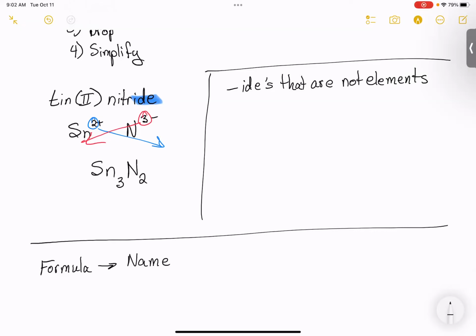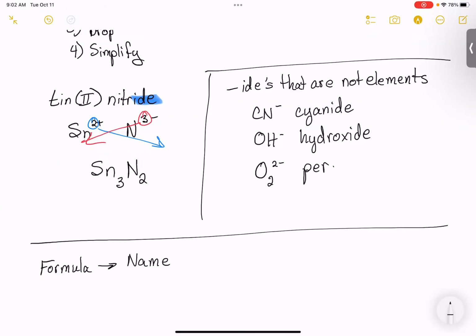The 3 ides that are not elements are polyatomic ions. The first is CN minus, which is cyanide. The second, OH minus, is hydroxide. And the last is O2 2 minus, which is peroxide.